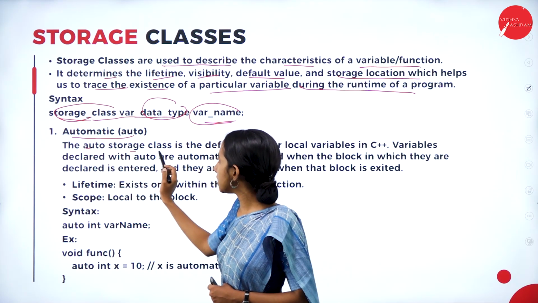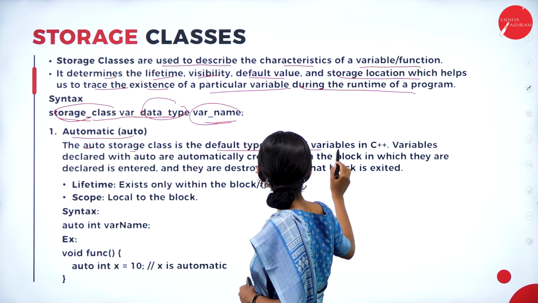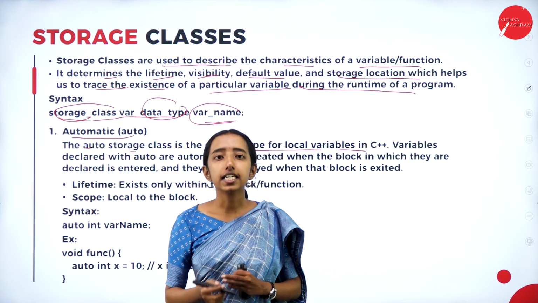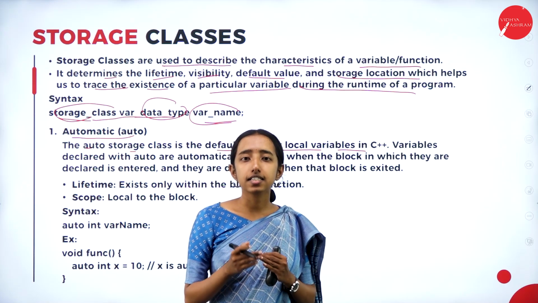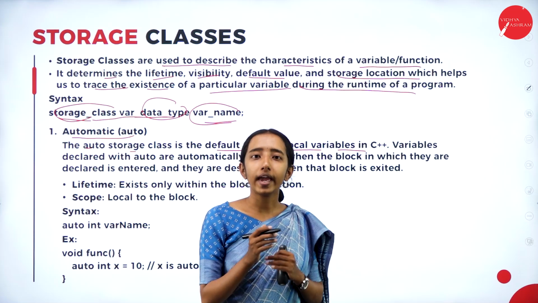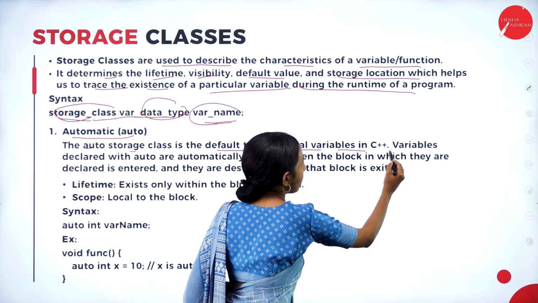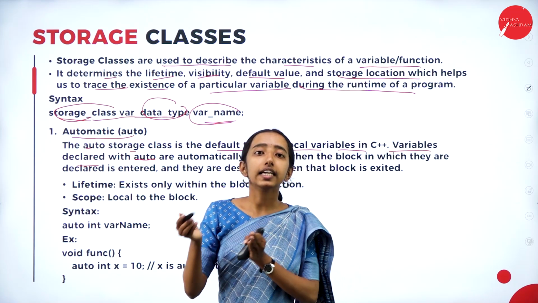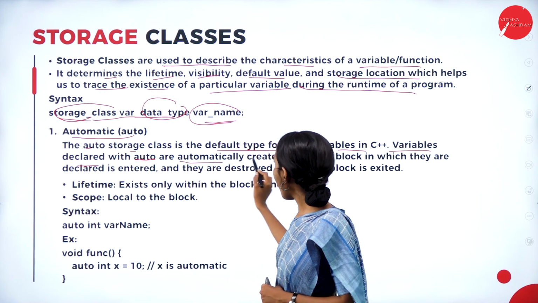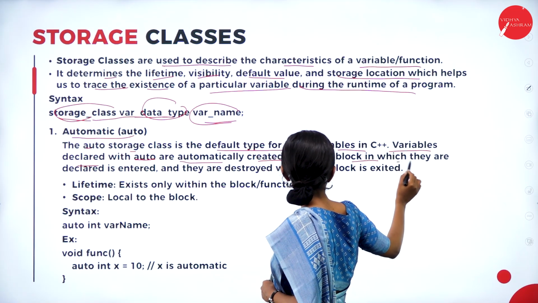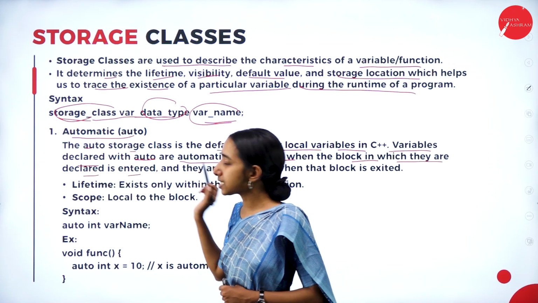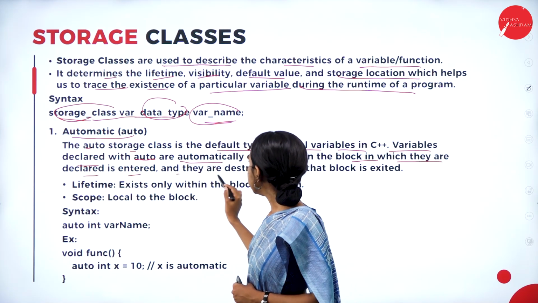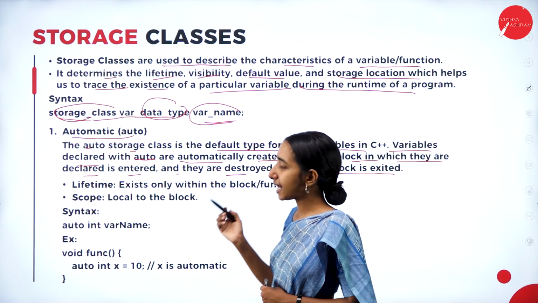The auto storage class is the default type for local variables in C++. The variables we declare with auto are automatically created when the block in which they are declared is entered, and they are destroyed when the block is exited.